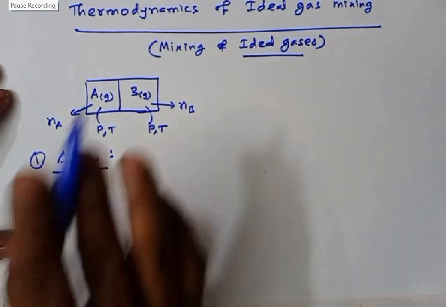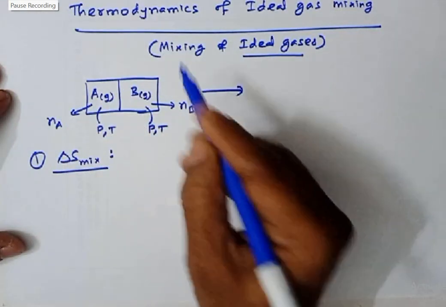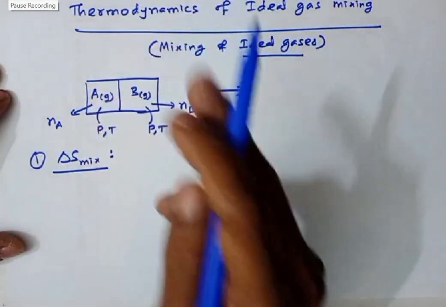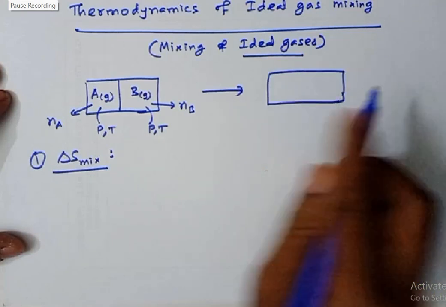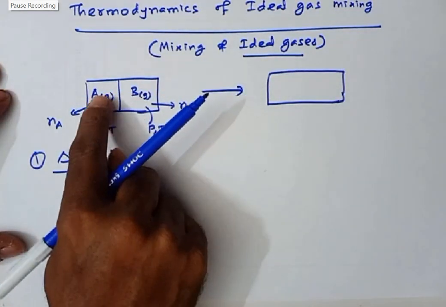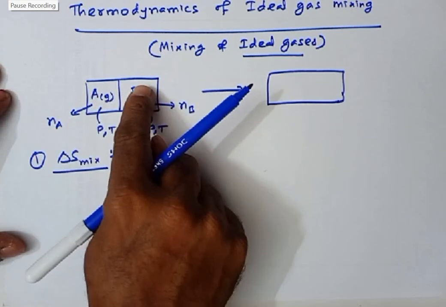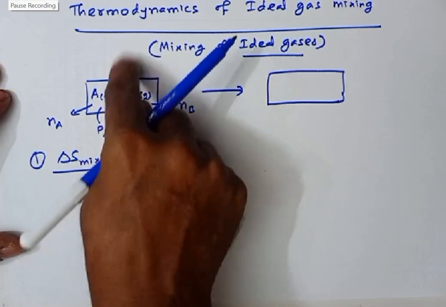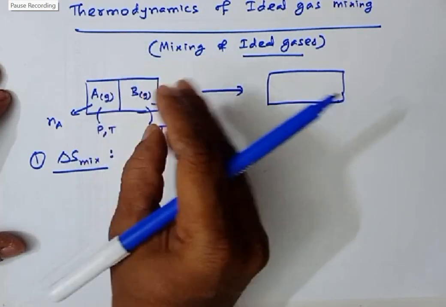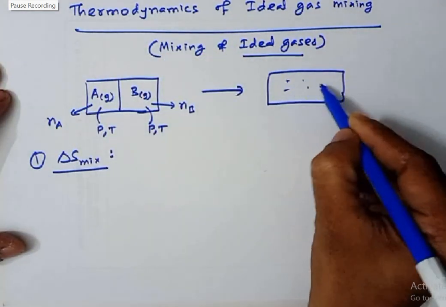Now, listen. Suppose I remove the partition, the gas mixes. Initially I have only gas A here and only gas B here, so I have pure gases. Now if I remove this partition, the two gases start to mix, so I'll get a mixture of A and B here.